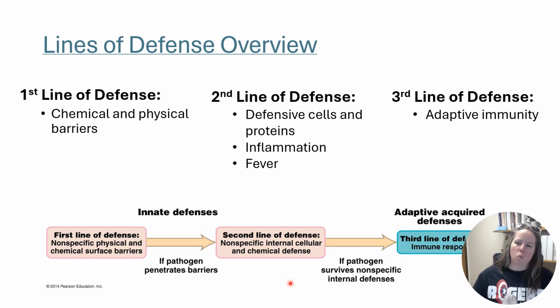If those don't work, we have adaptive immunity, T cells, B cells, all of that to hopefully finally nip the disease in the bud. And again, obviously, if those fail, you fail. So that is our immune system and responses.